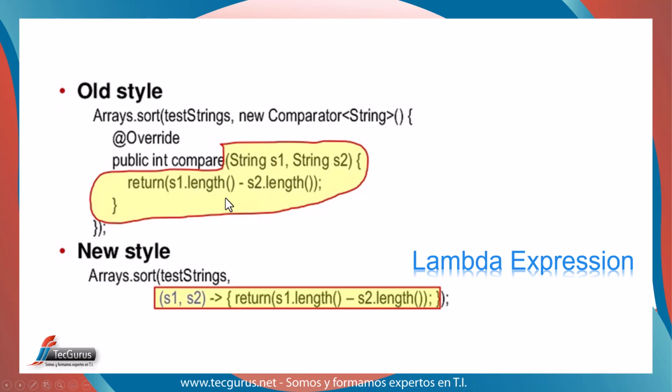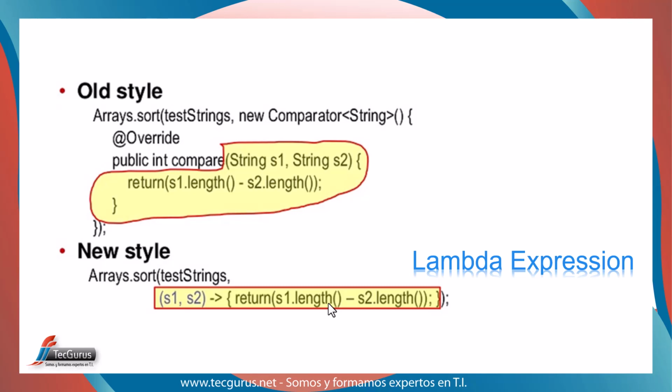Arrays.sort your array of strings, and on the same line, I have the implementation of my compare method. How does Java know that this is the compare method? An important feature of lambda expressions is that you can only use them with functional interfaces.